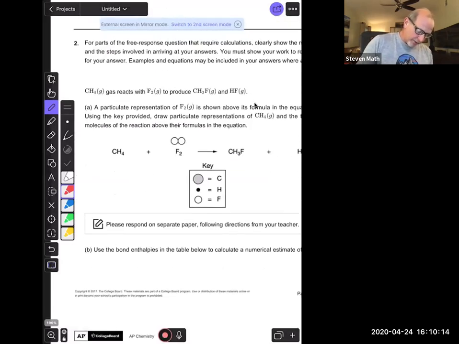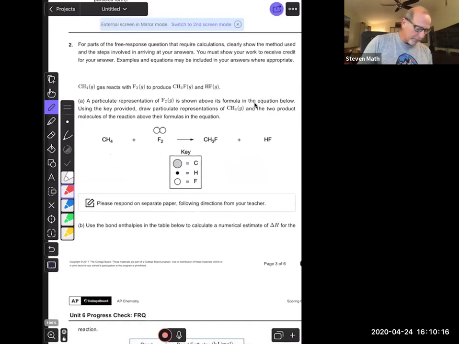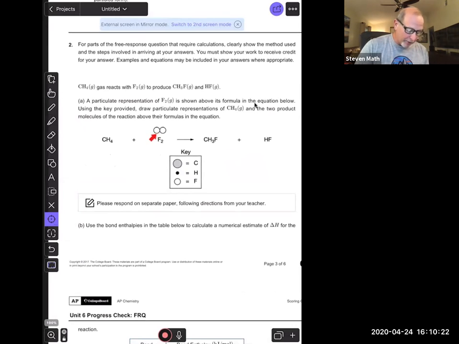And then we get to question 2, a little bit of bonding, really pretty easy here. What they're saying is, hey, here's a particle diagram representation for F2. Please do the same.